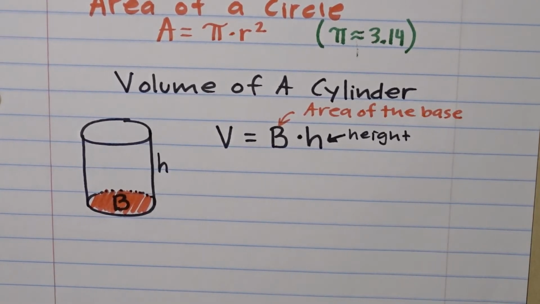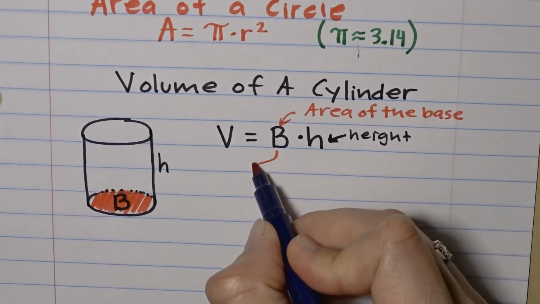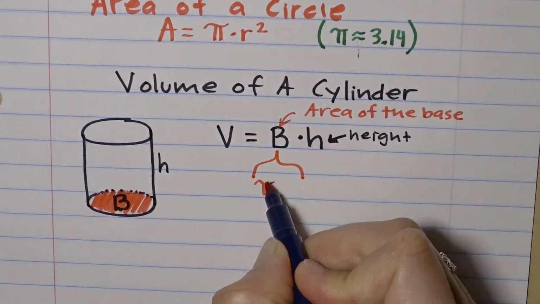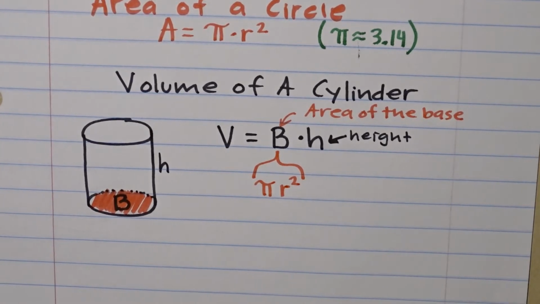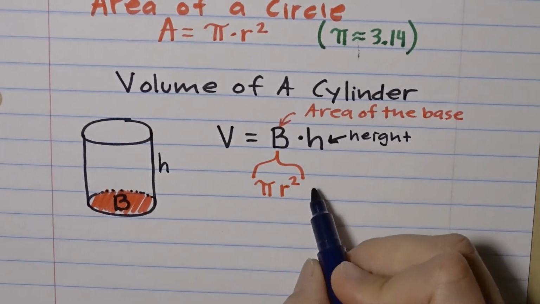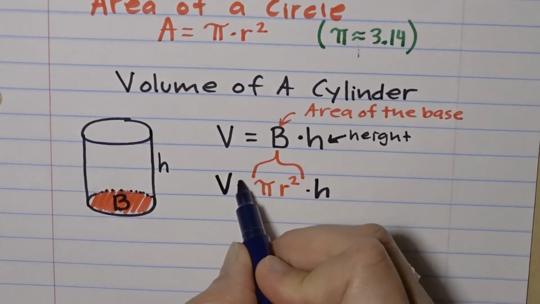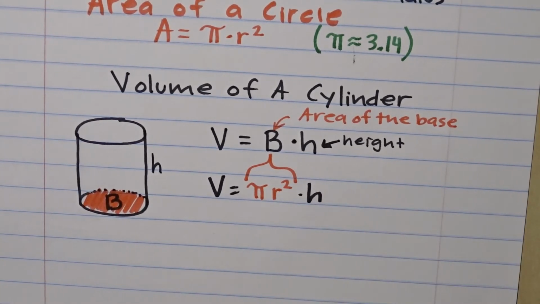Now, the area of the base: the base is in the shape of a circle. So because the base is the shape of a circle, our formula is going to become pi r squared times h.